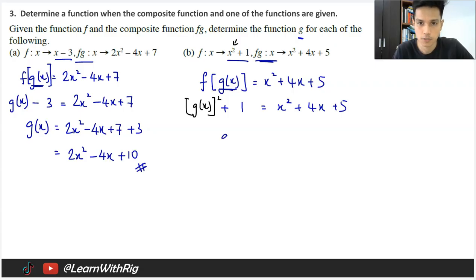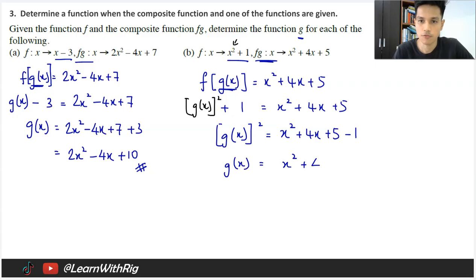So you're going to shift this. You get x squared plus 4x plus 5 minus 1. So g(x) is equal to the square root of x squared plus 4x plus 4. Okay, so if you use your calculator, you can actually factorize this.